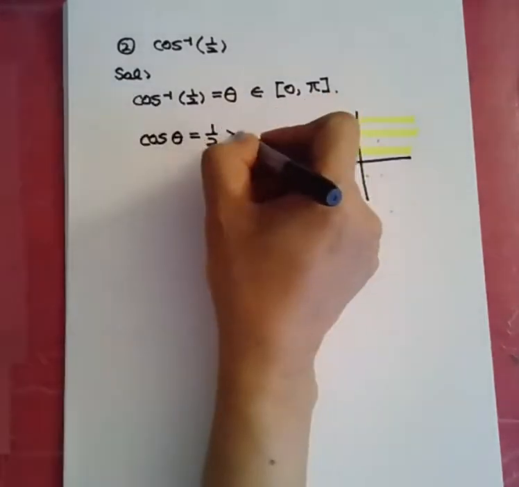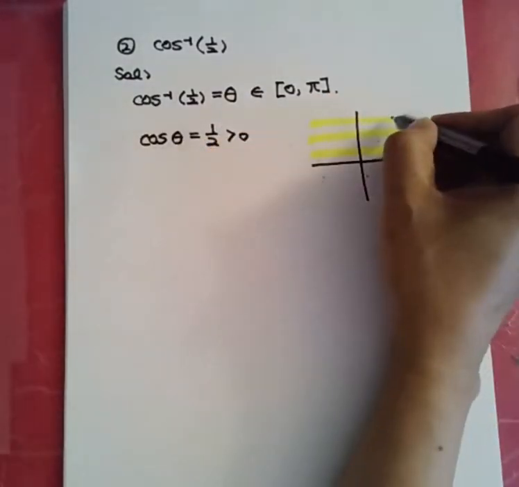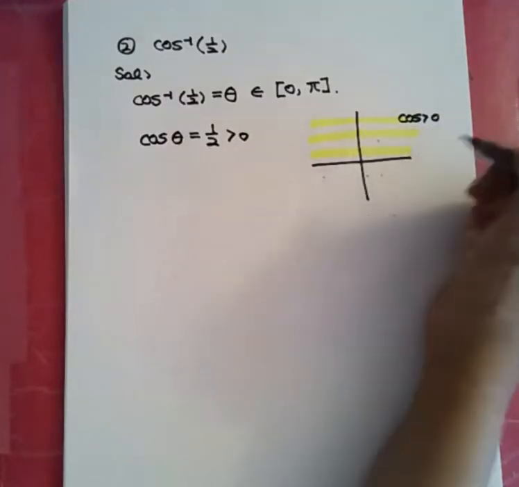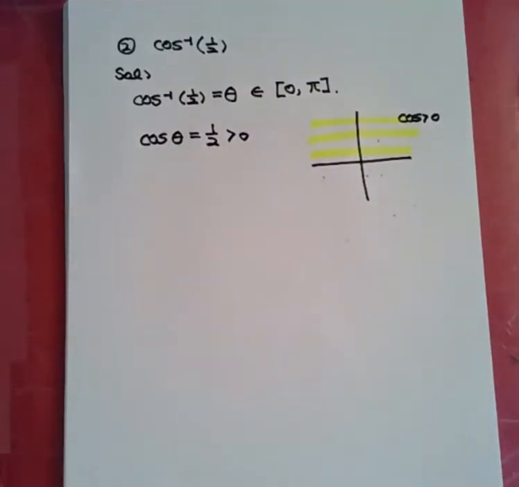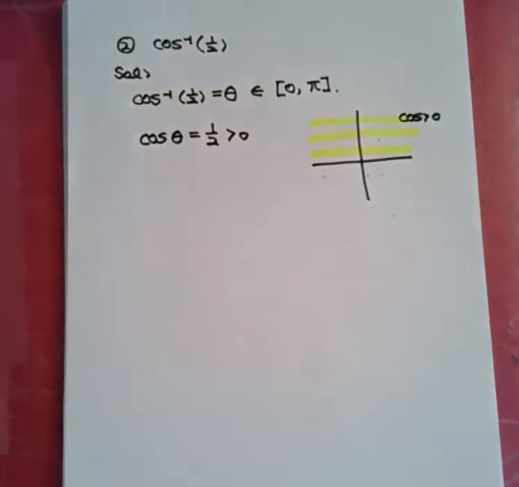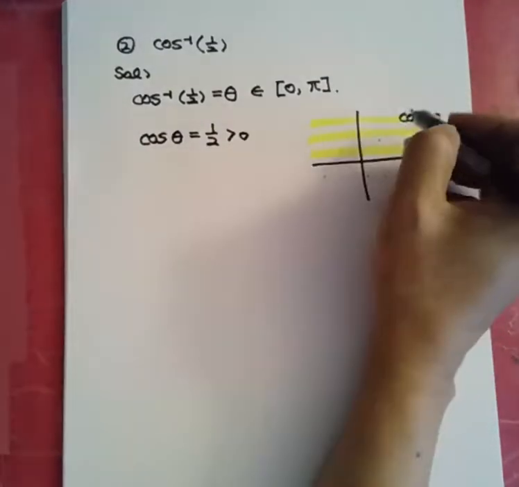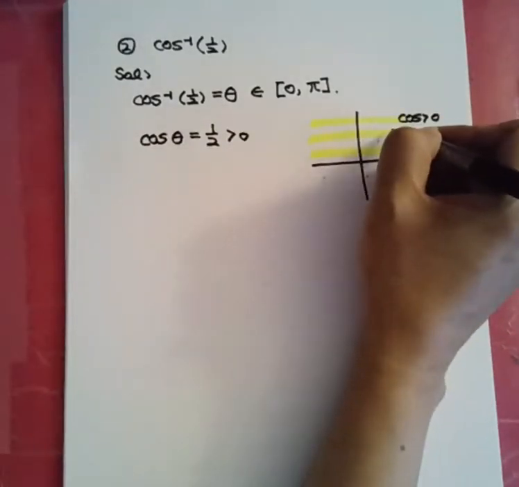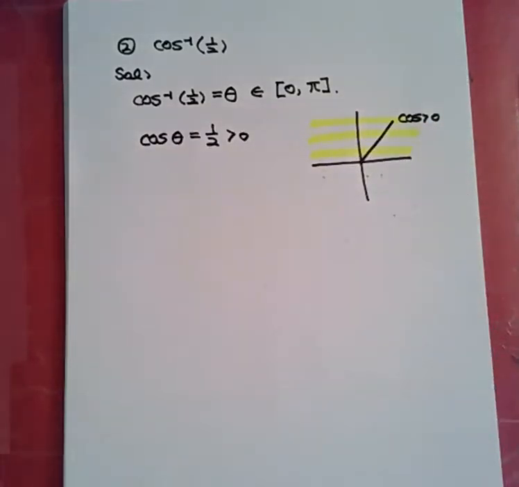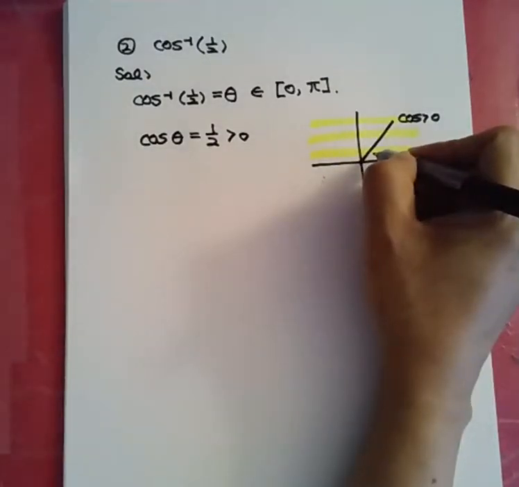Apparently, the value is greater than 0. Cosine is determined by the x values, and all x values in the first quadrant are positive. So in the first quadrant, cosine is positive, and we can say theta is in the first quadrant.